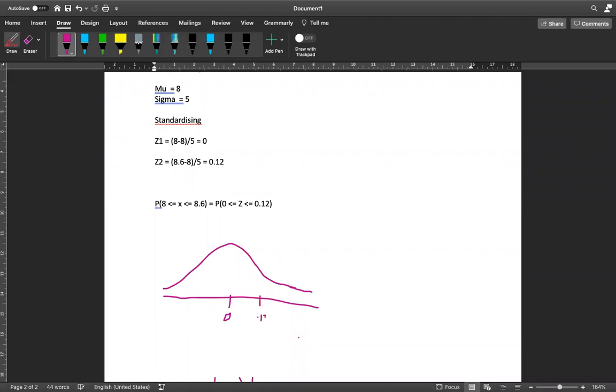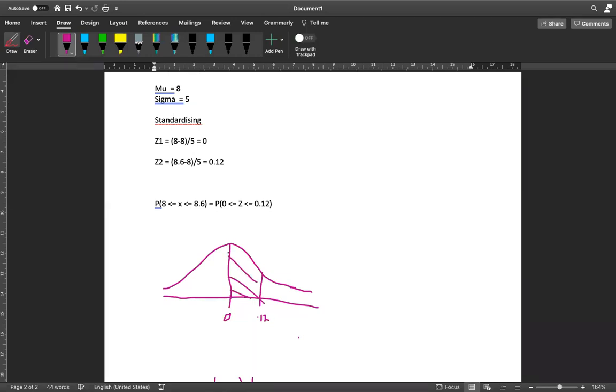So wherein lies the area that we are going to evaluate? Between those two, the 0 and the 0.12. So this is the area of concern, isn't it?